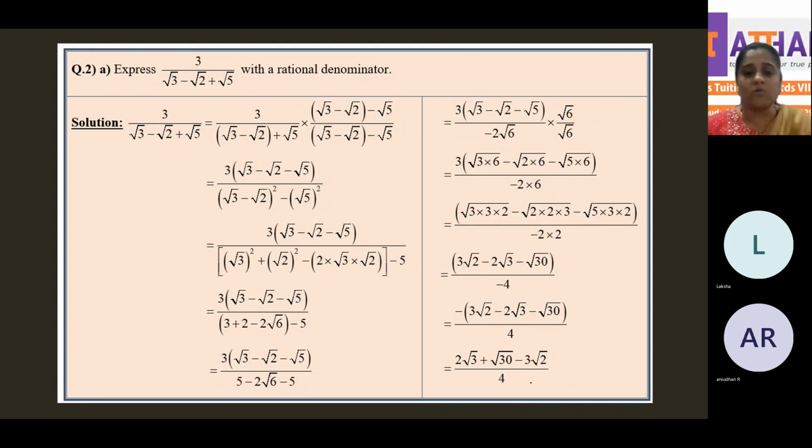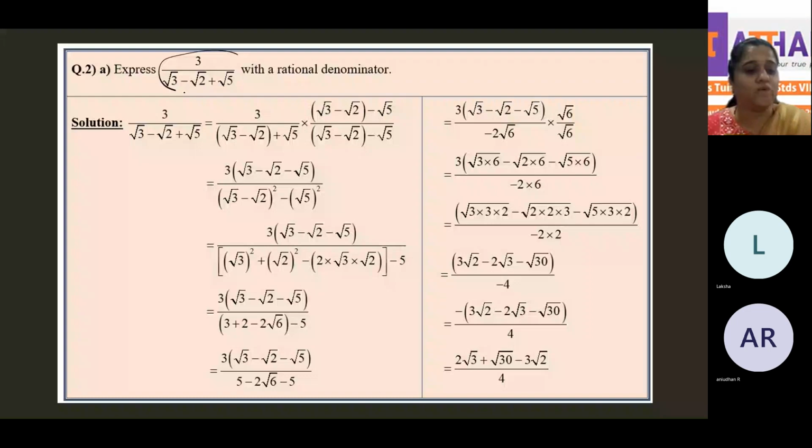Now you can see that the denominator is rational. It's 4. It's rational. Now, when we rationalize, the denominator has become rational, but the entire expression is still irrational. The value of this one is the same as the value of this one. The value doesn't change.